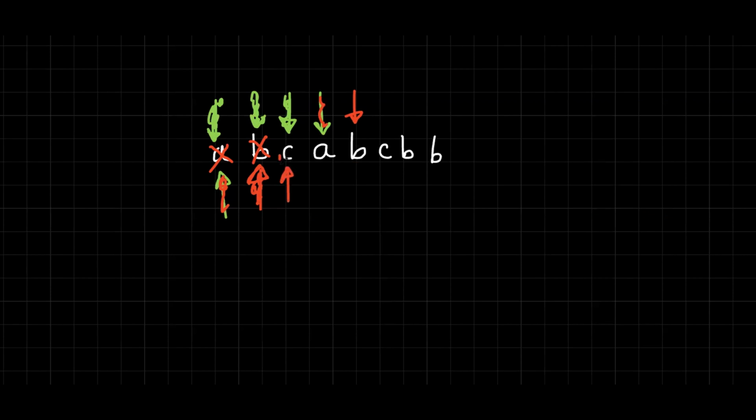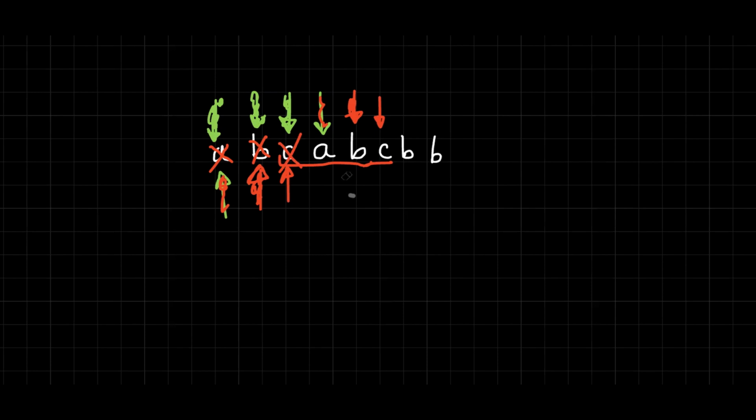Now our string is C, A, and B. It is a substring where all elements are unique. So we shift our ending pointer to this C. Now we have found two Cs in the substring, so we have to discard this C as well.